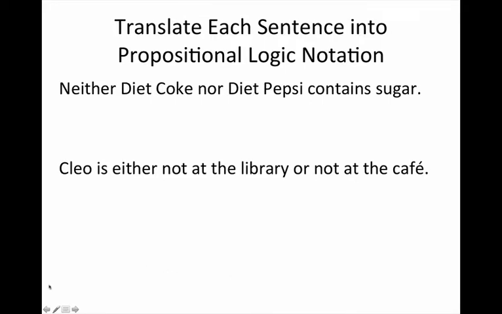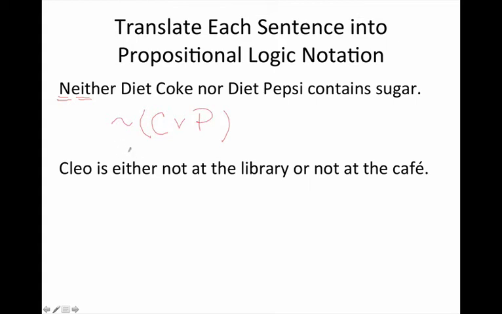Neither Diet Coke nor Pepsi contains sugar. So remember, as we had earlier, the not both, we had a negation of the conjunction. Here we have a not either. So it's not the case that one thing or the other. So we could say Diet Coke or Diet Pepsi.